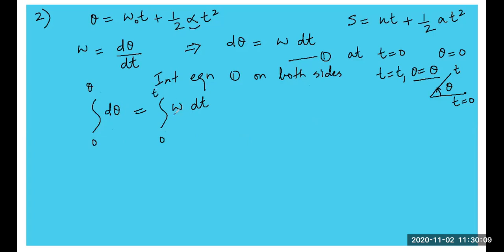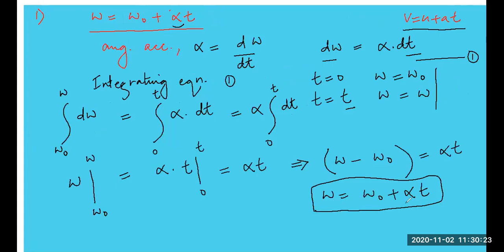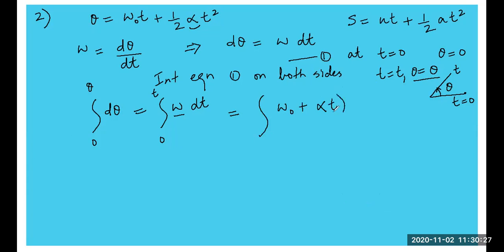I can replace omega, the expression for velocity, as initial velocity omega naught plus alpha t, as students have derived. Just see, omega is equal to omega naught plus alpha t. I'll write this expression, omega naught plus alpha t, into dt. And limits are, come on, tell me, it's t, so it's 0 to t.